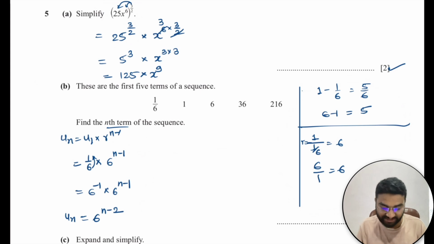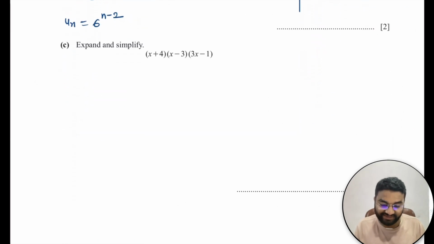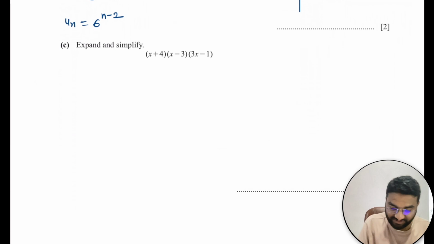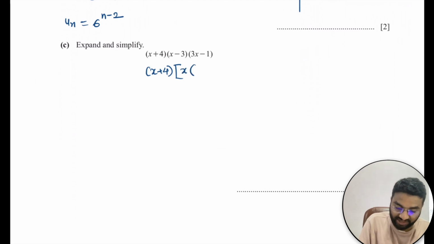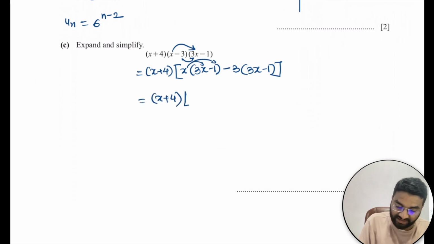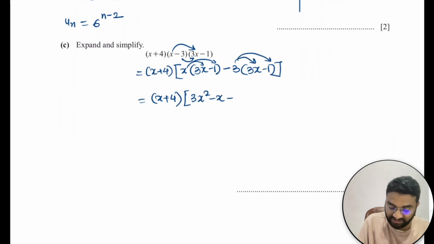All right, then next you have to expand the 3 brackets. Firstly keep x plus 4 as it is and expand x minus 3 and 3x minus 1. So x times 3x minus 1 minus 3 times 3x minus 1. Then expand the whole bracket. It's x plus 4 and 3x square minus x minus, now you have a negative sign, so minus 3 times 3x is 9x, minus or plus 3, isn't it?